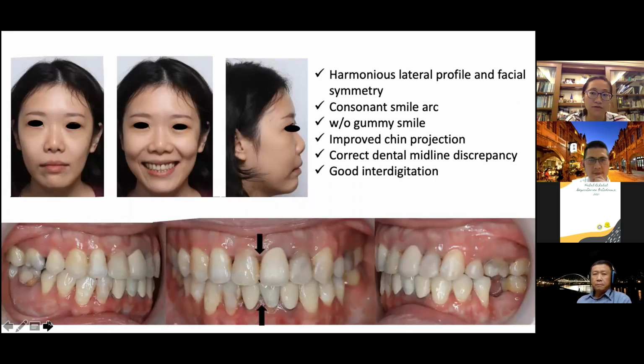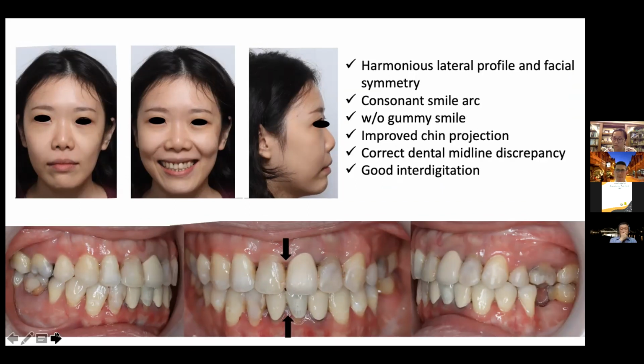She is satisfied after surgical orthodontic treatment with a more harmonious lateral profile and facial symmetry, a consonant smile arc without a gummy smile, improved chin projection, corrected dental midline discrepancy, and good interdigitation. And she's now waiting for the lower left implant.